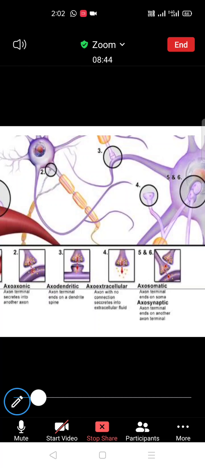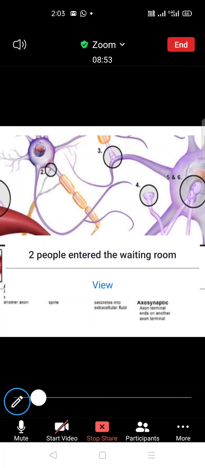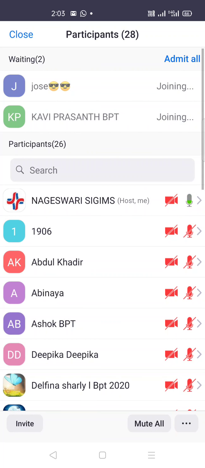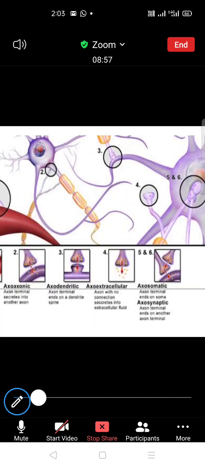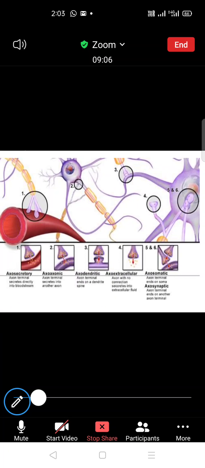See the final ones, 5 and 6, axosomatic and axosynaptic. So axosomatic is, as I told you, the axon getting connected with the cell body. Then axosynaptic is when the axon terminal ends on another axon terminal. So you can see the diagrammatic representation of all these 5 types of synaptic classification.